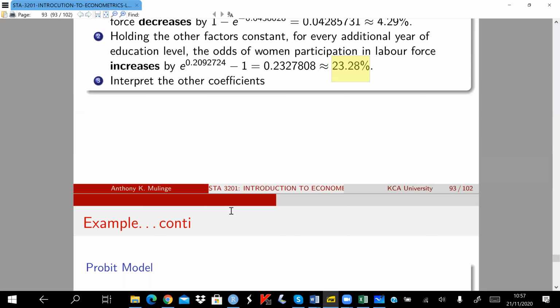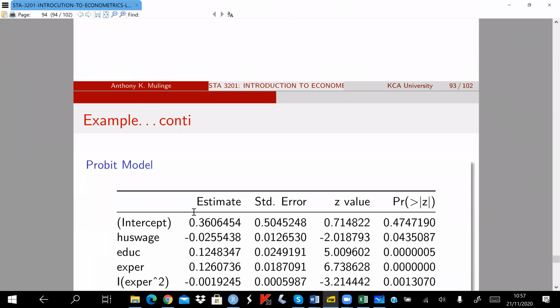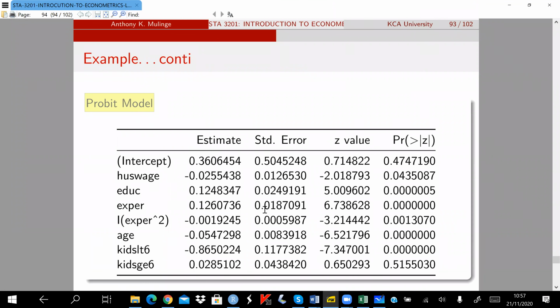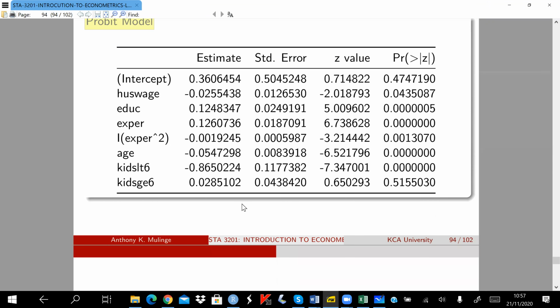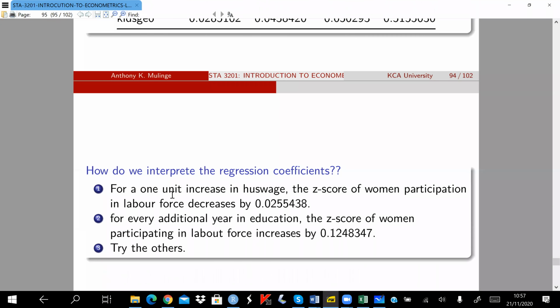Then if you fit that data using the Probit model, the coefficients will be different, as you can see here, because the transformation is different. We have these values there. For the interpretation of the coefficient, we say that for a 1 unit increase in the husband wage, the Z score of women participation in labor force decreases by this value here.